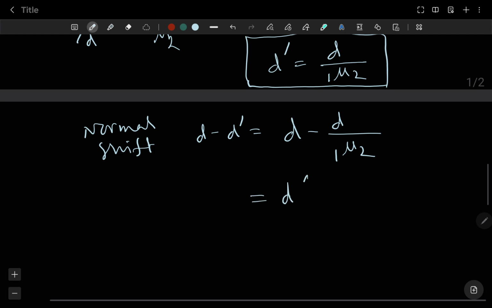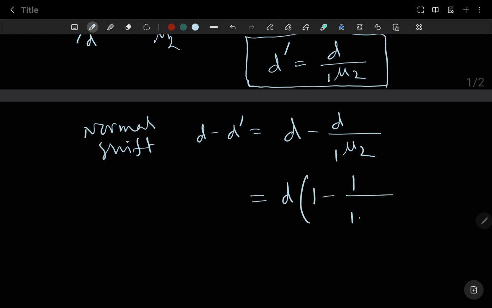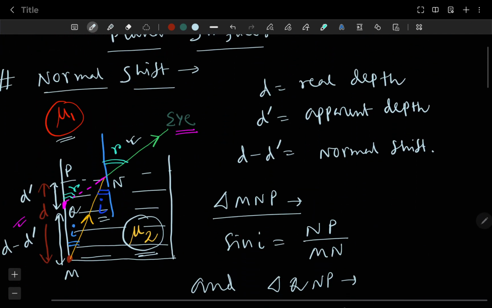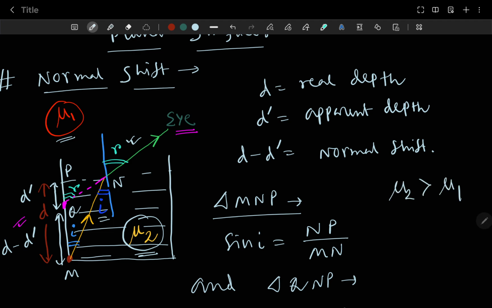So it will be d into (1 minus 1 by mu 2 by mu 1). Okay, fine. Alright. Here mu 2 is greater than mu 1. That is, eye at the rarer medium and object at denser medium.